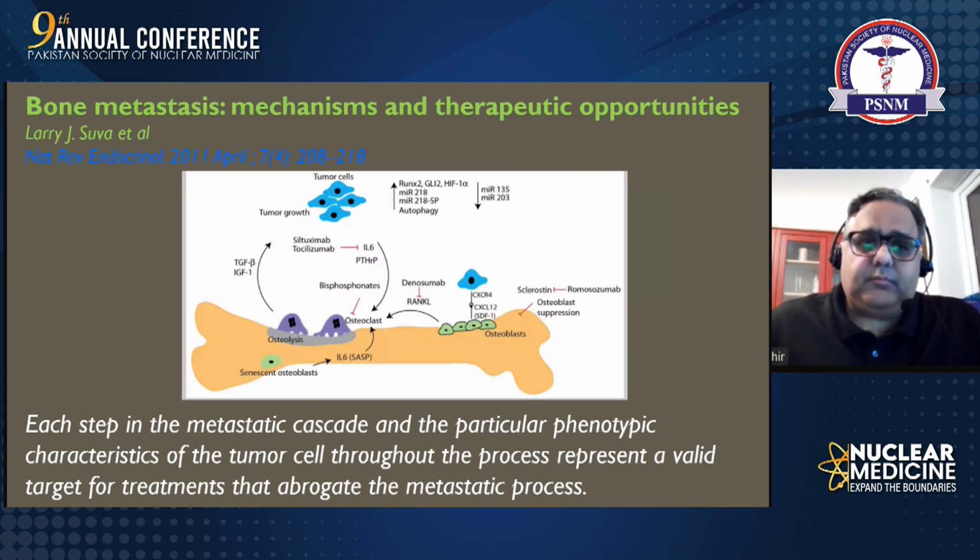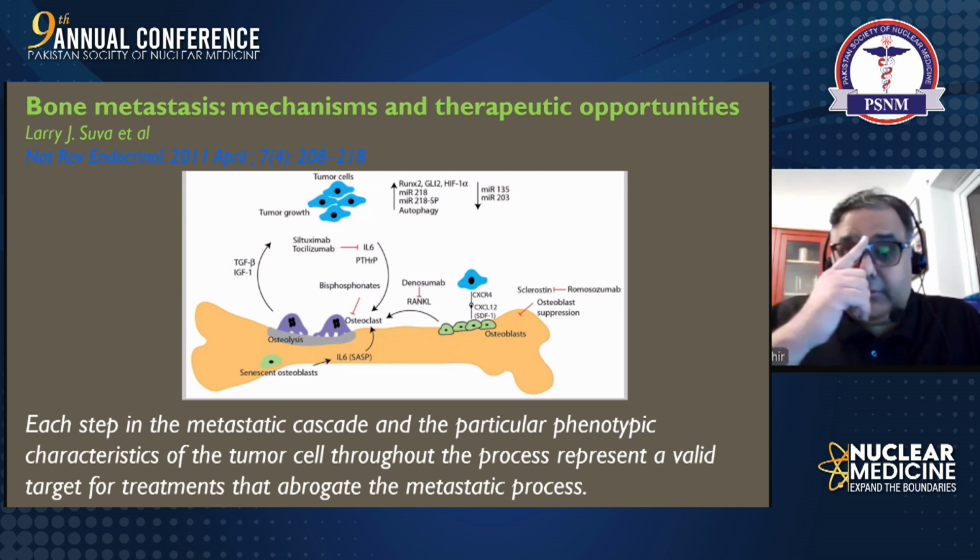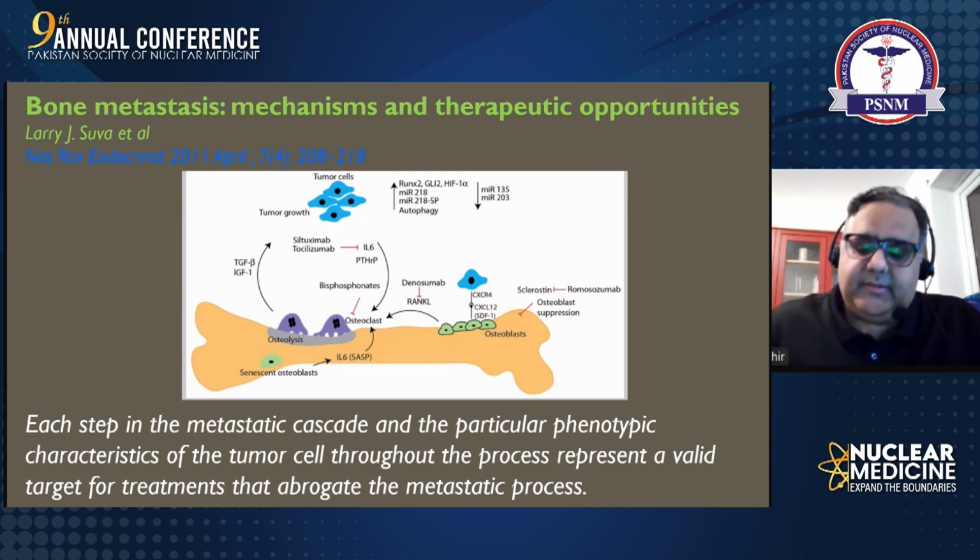Now these mechanisms at play provide therapeutic opportunities, interventions into osteoclastic or osteoblastic activity, for us to strengthen the bone, while the metastases are there to actually weaken it, as a consequence of the whole process of tumor spread.